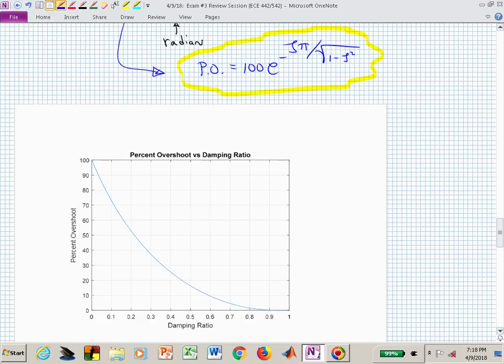This curve gives you that very quickly without having to plug in a lot of numbers on your calculator if you wanted to. Somebody now maybe says, oh, I have a 40% overshoot. Well, now your zeta value is about 0.28. Again, you're eyeballing this. It's a chart. Or somebody says, oh, I have a damping ratio of 0.5. Well, now you have about a 16% overshoot.